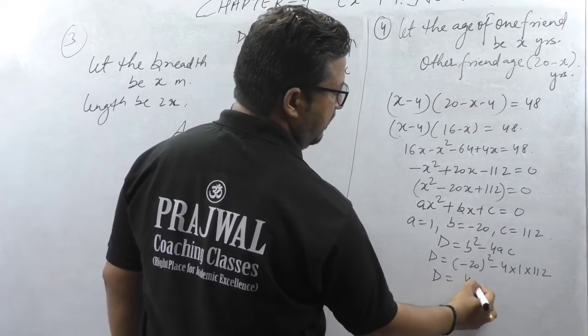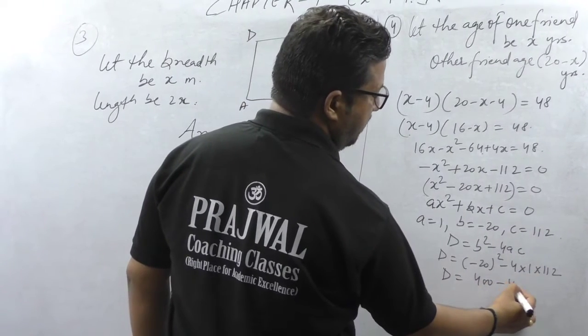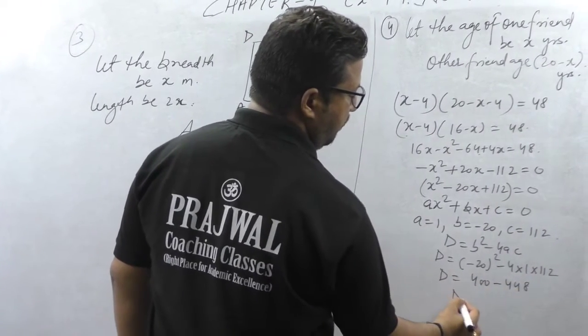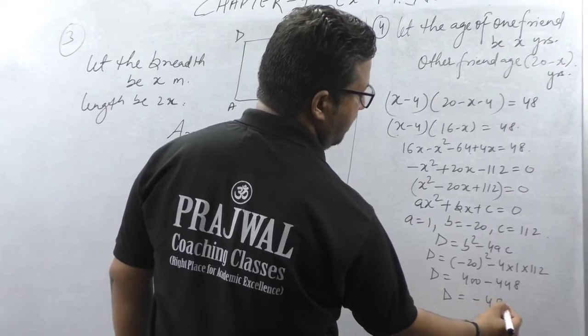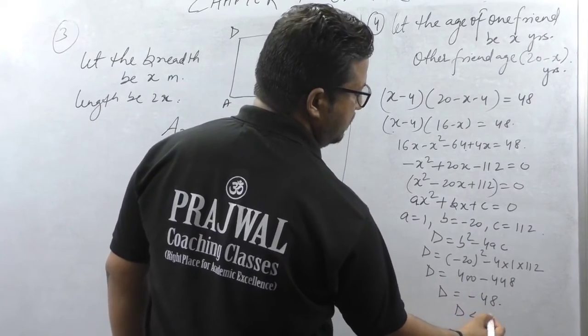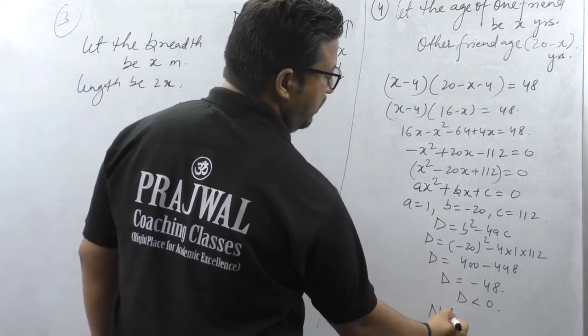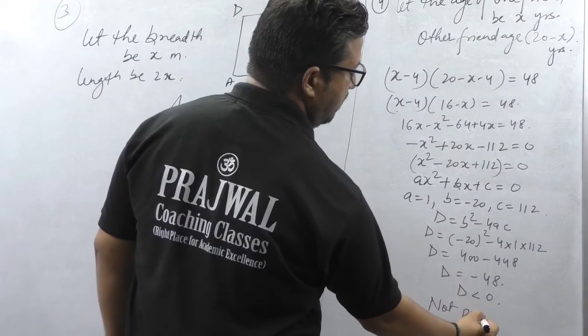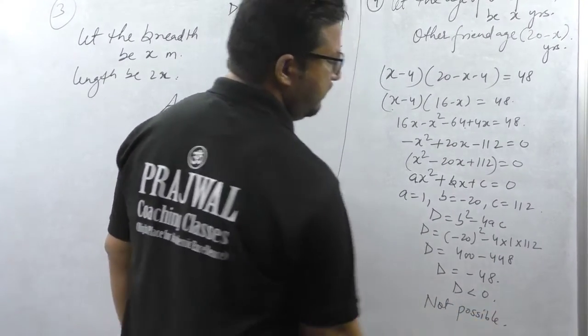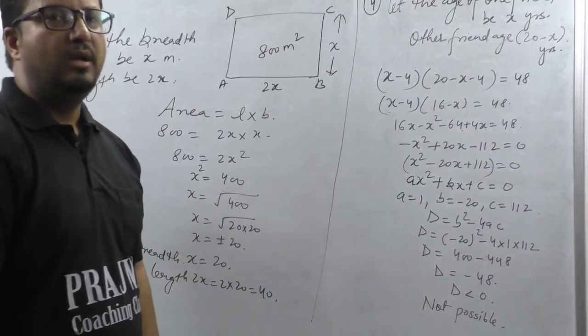So it will be 400 minus 448. So the d value is coming negative, which is less than 0. If it is less than 0, no real roots exist, so we write not possible. The question asks whether this situation is possible, so the answer is not possible.